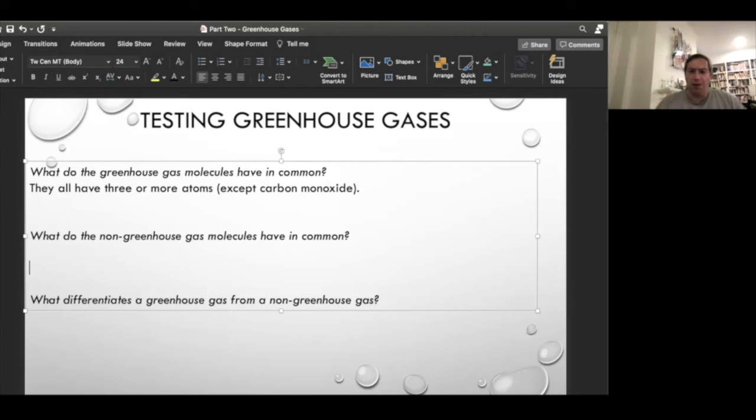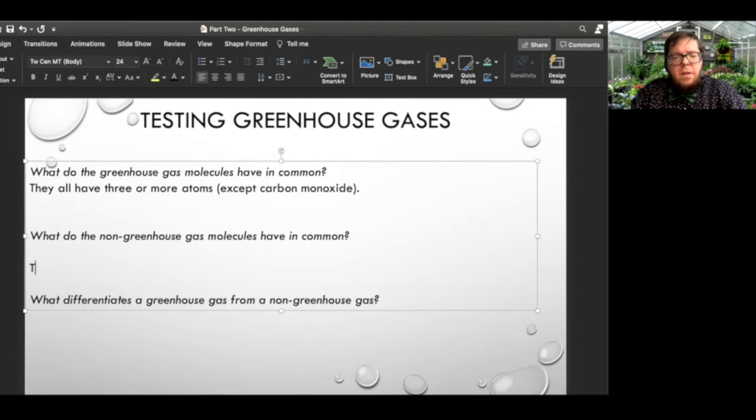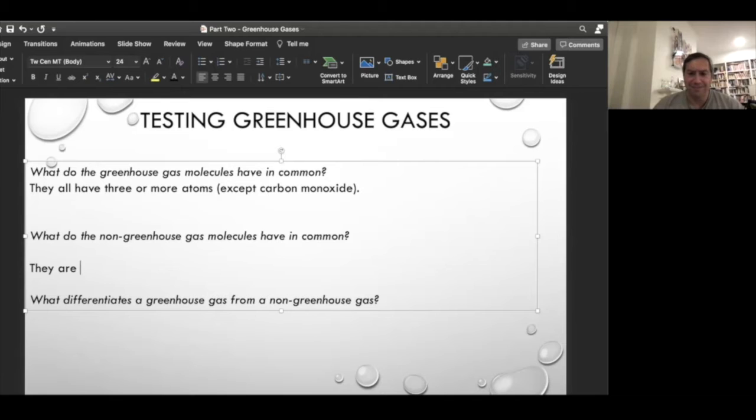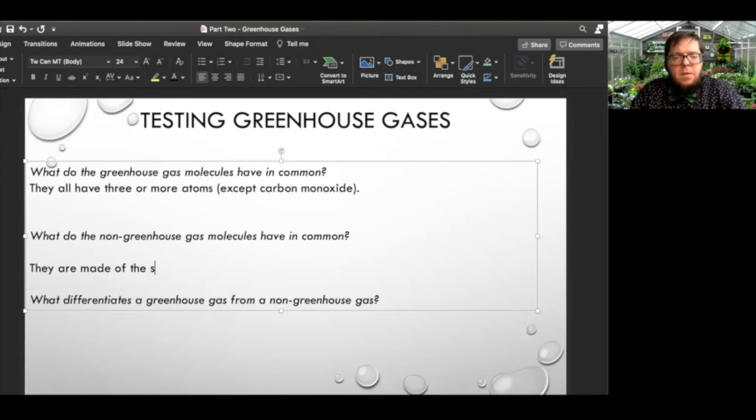But so is O3. Okay, fair enough. So they are made of the same kind of atom. Note, so is the greenhouse gas O3.